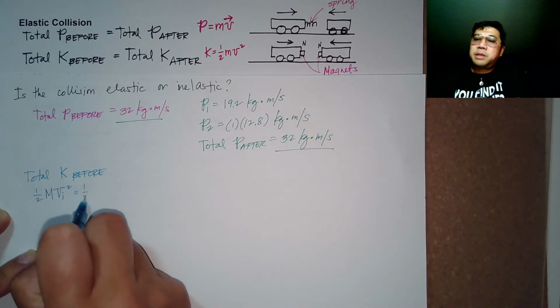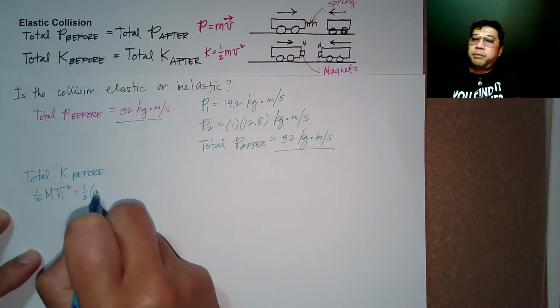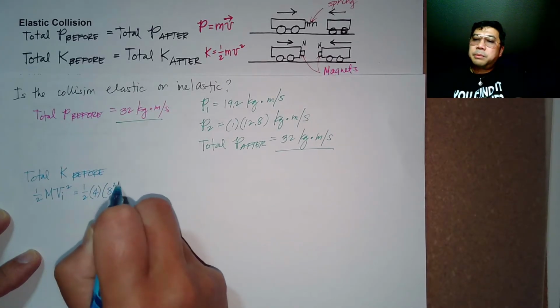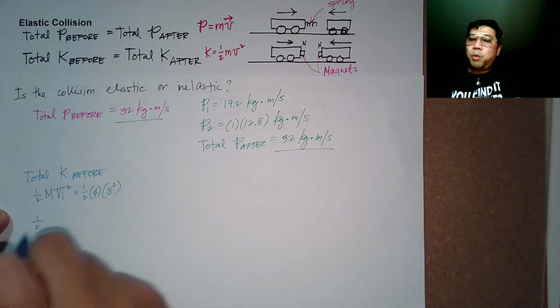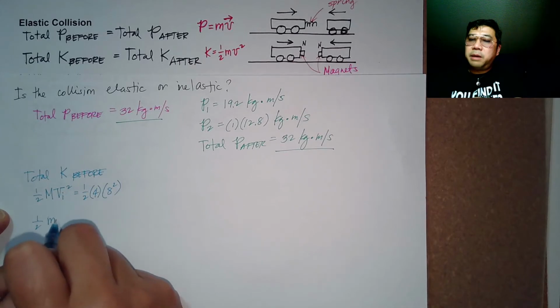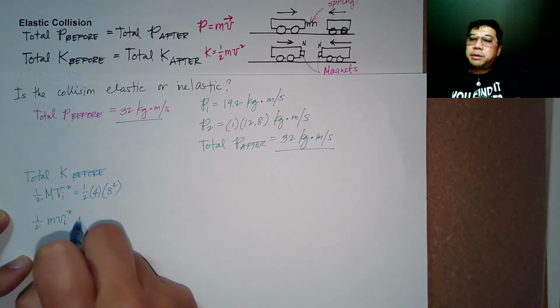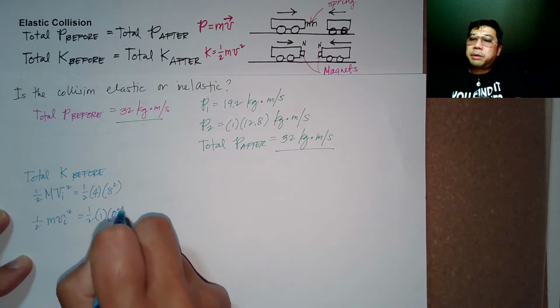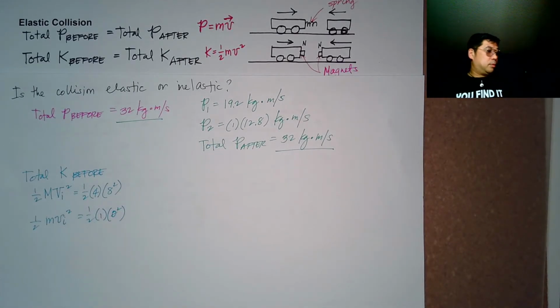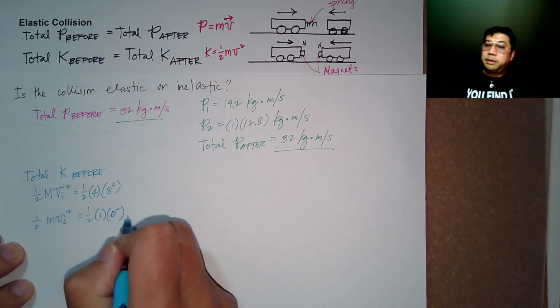So that means 1/2 multiplied by 4 times 8 squared. The second one, the 1 kilogram object, is 1/2 times 1 multiplied by 0 squared. This one, definitely, will be 0.